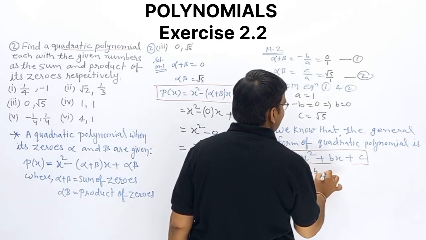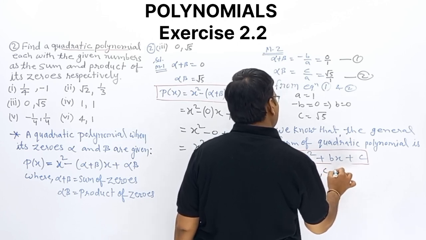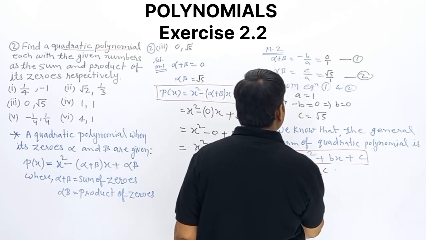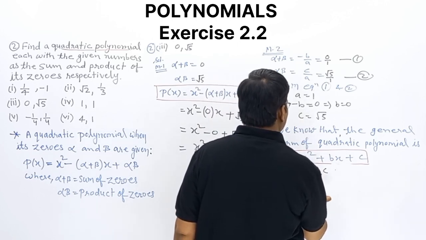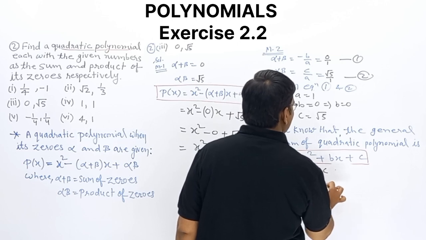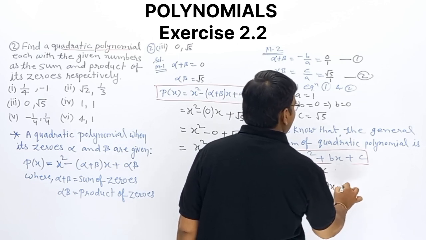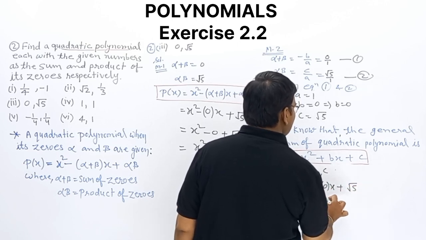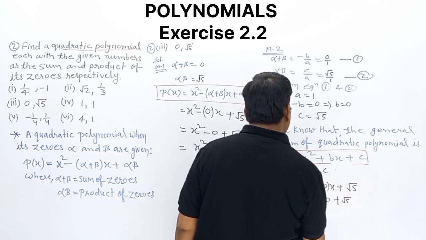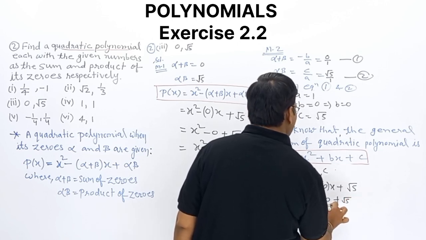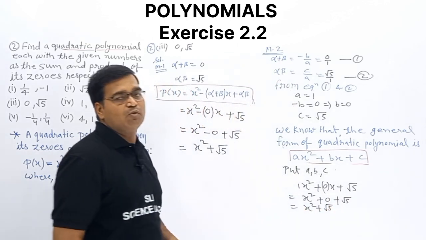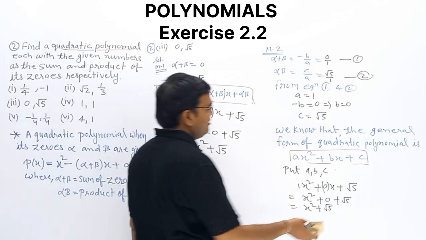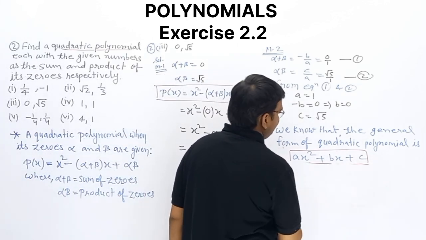Put a, b, c, then what we are getting? a is 1, x square, plus b is 0, x, plus c is root 5. Solve this one. This will be x square plus 0 plus root 5. Required result will be x square plus root 5, and this one is same as this one. So both methods we can use, and it depends on you which one you find easy.